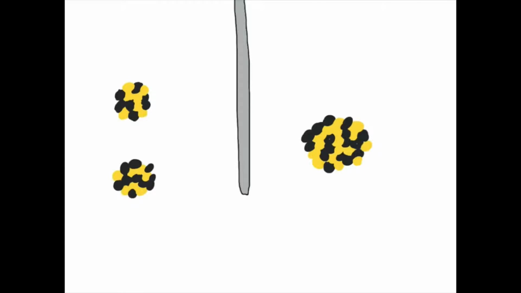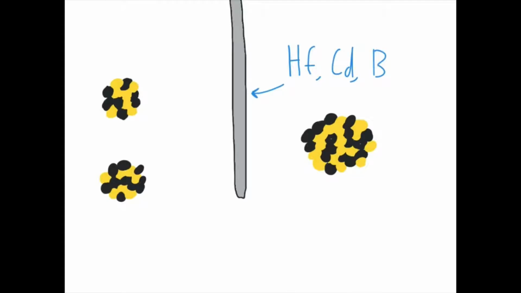Typically, control rods are made of materials like hafnium, cadmium, or boron, which are all very good at absorbing neutrons. And they are placed between fuel rods so that they can stop the neutrons that can go from one fuel rod to another, and thus stop nuclear reactions from happening. Control rods can either be inserted or withdrawn from a reactor core to slow down or speed up a reaction respectively. However, they can also be inserted to completely stop a reaction if needed.